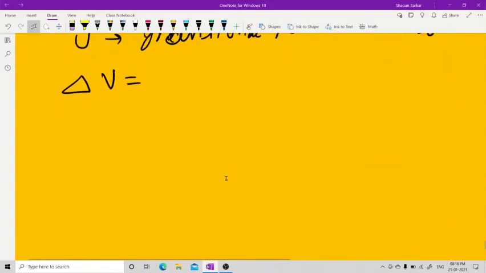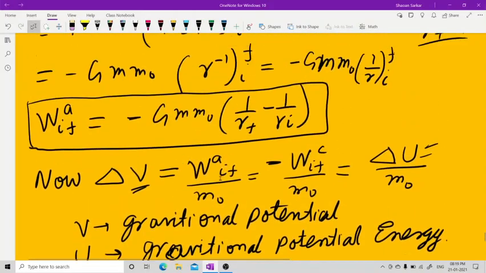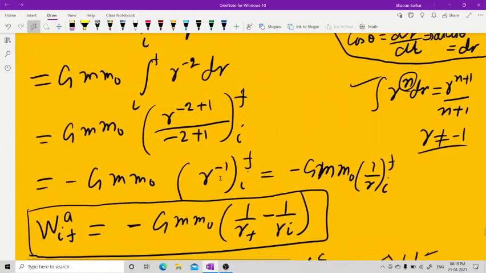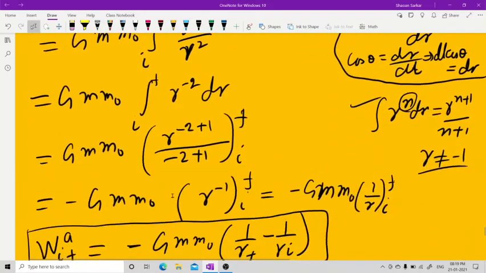Before I write delta V, let me write down those two expressions. What did I say? W applied, I wrote m naught E_g dr.